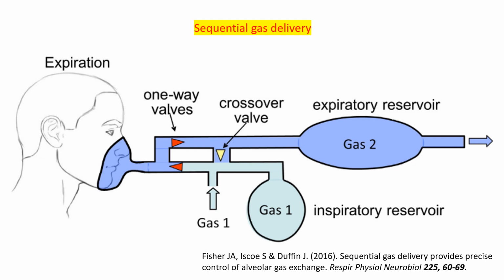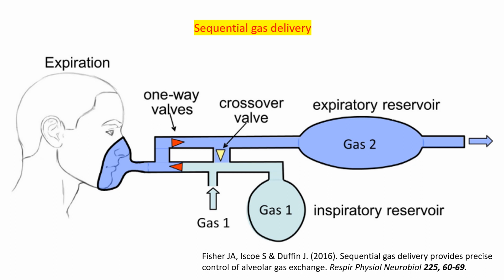Here we take a quick diversion to explain how sequential gas delivery works in order to control arterial blood gases. And please note that although pictured as physical reservoirs here to illustrate the principles involved, their actual implementation is made in the Respiract software.